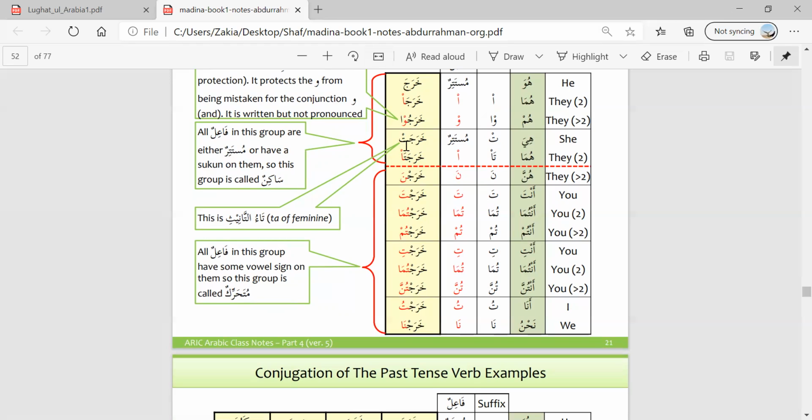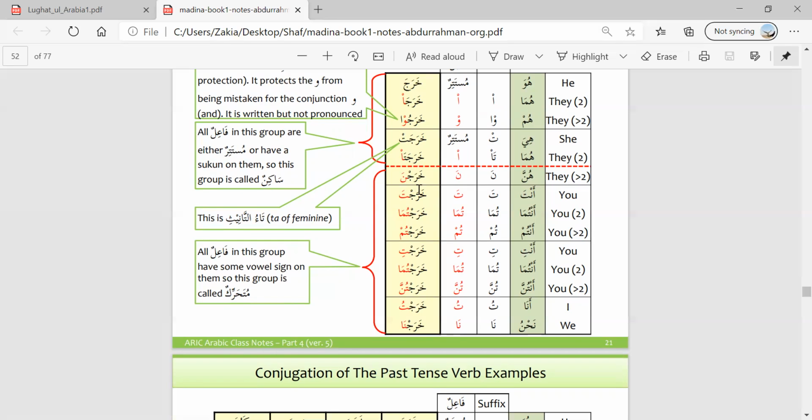If I see this kharajat, I know it's talking about a third person female. Kharajata is talking about two people, and it's feminine, and it has a ta, whereas the other one, the dual, doesn't have a ta.